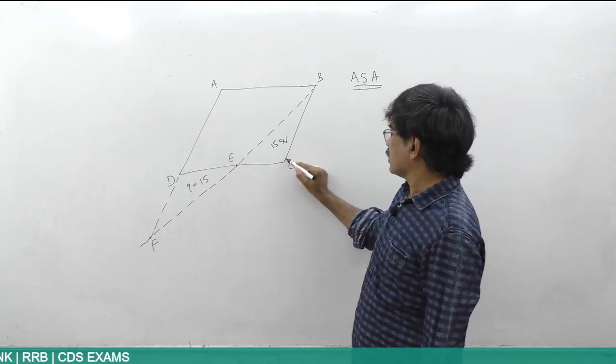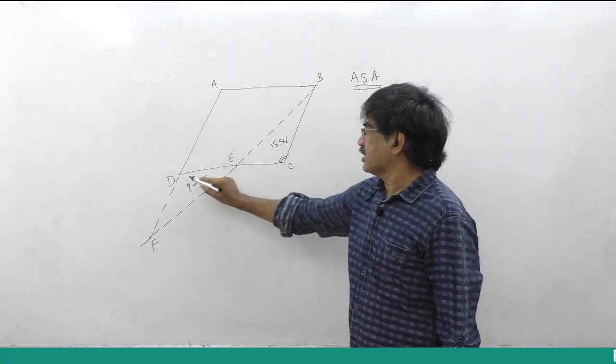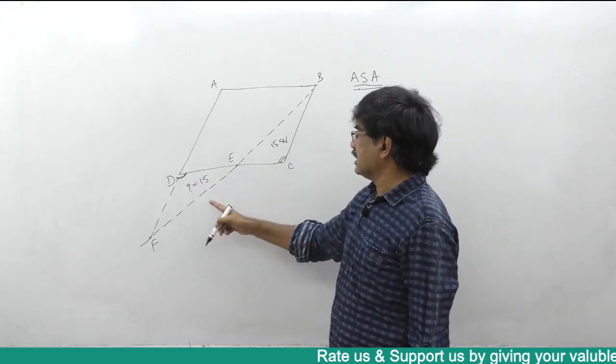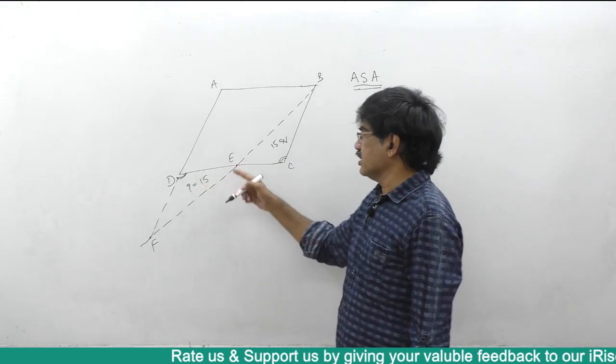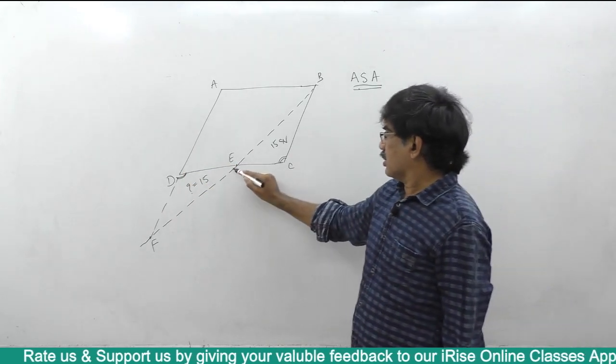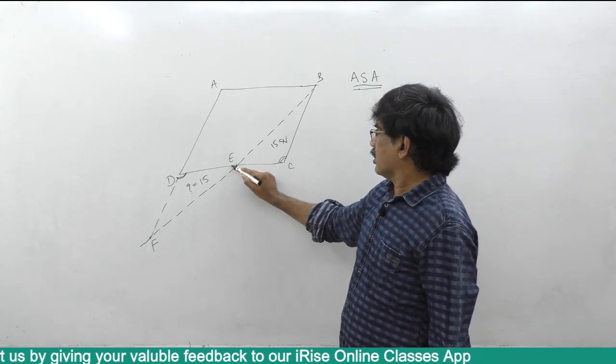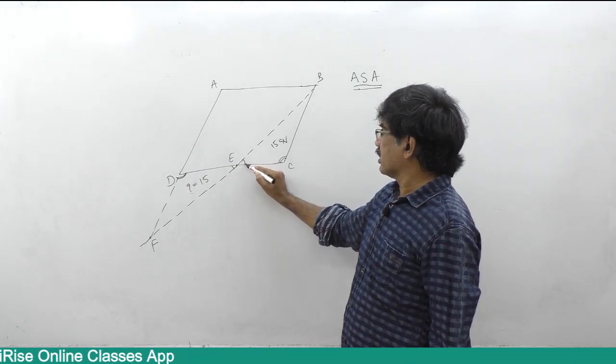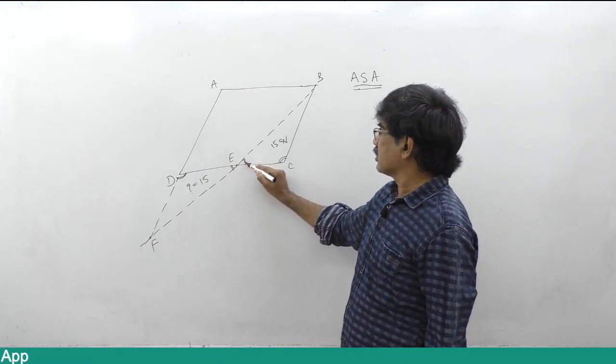If this is a transversal, this angle is the same as this angle. Angle BCE is the same as FDE. And this angle is the same as this angle.